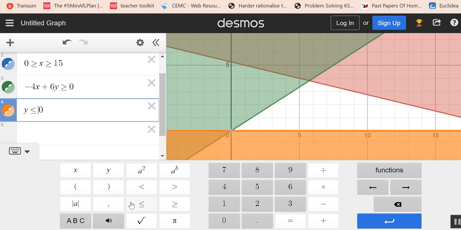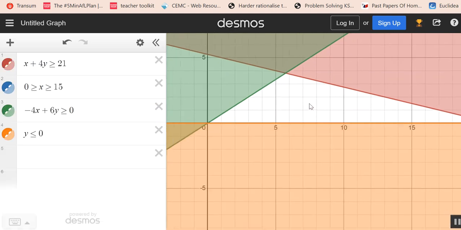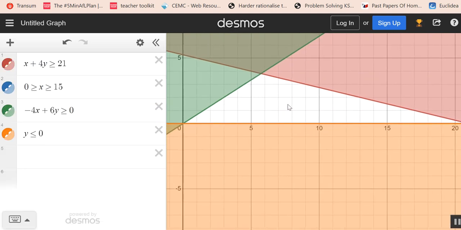And what you get, look, do you see now why it's easier if you shade in what you don't want? So this is the region that I'm allowed. But the only way to do that on Desmos is to flip the signs to the wrong ones. Well, that helps you understand.